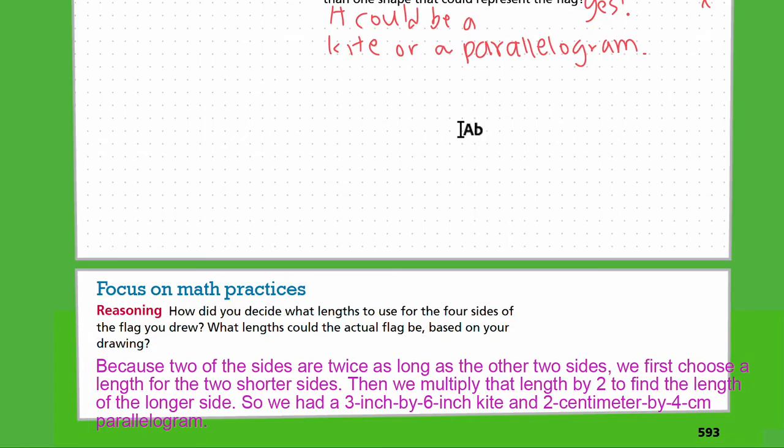There we go. Okay, so that was an example of how we could use geometric figures in real life and the scale drawings and the units.